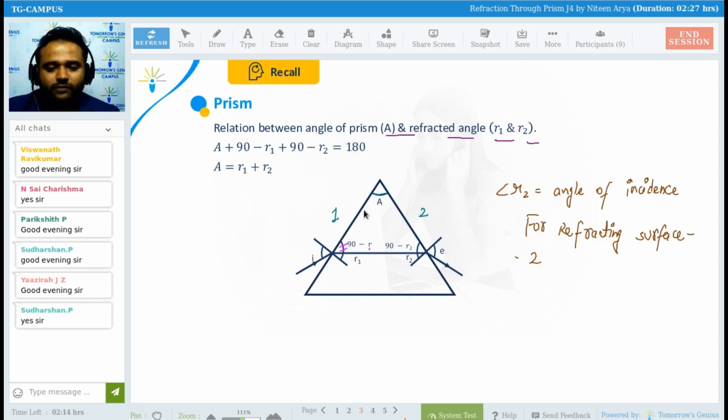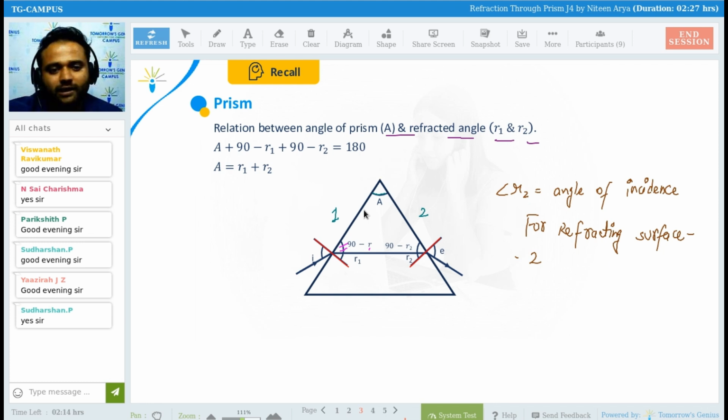Got it. So again, this is a normal. I will draw it for you guys. Wait a minute. This red color line is a normal. So again, the angle obtained. Okay, I will give it a name also.